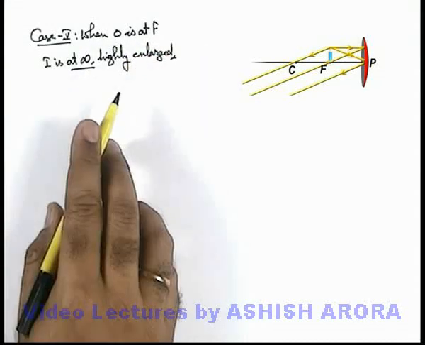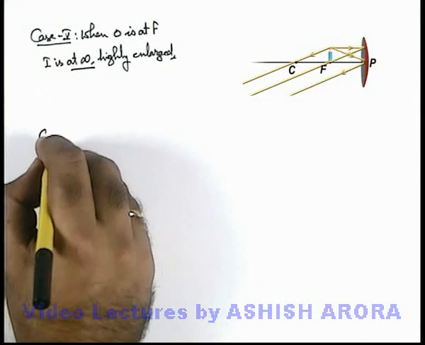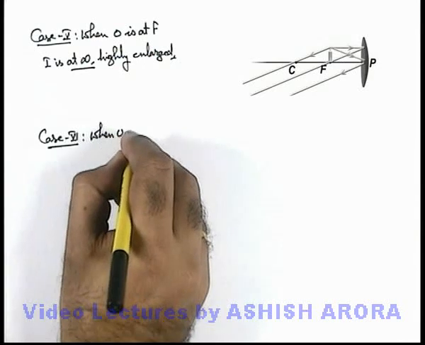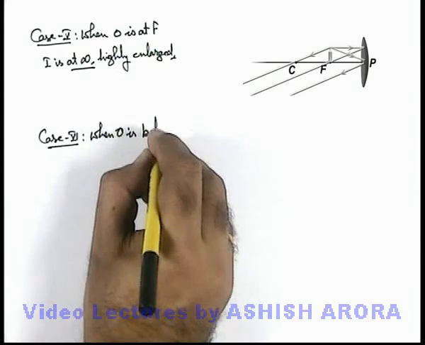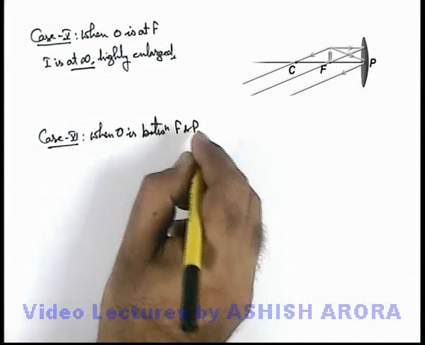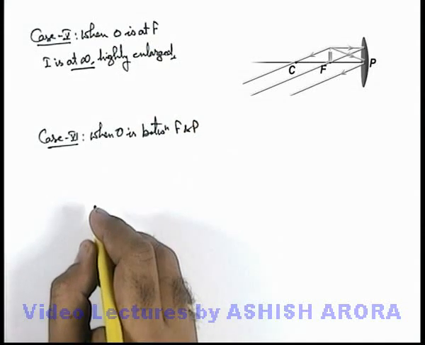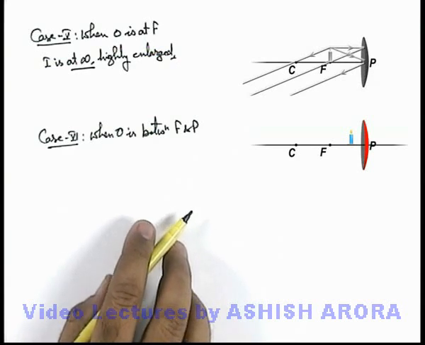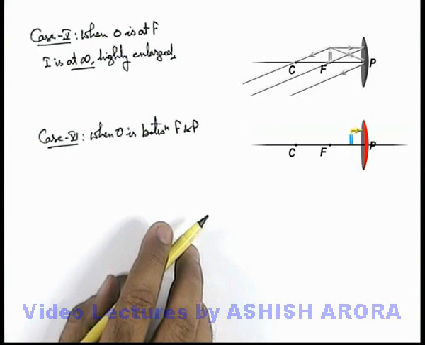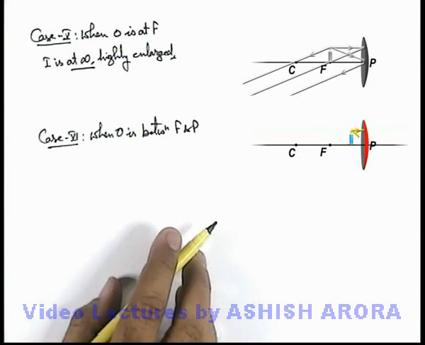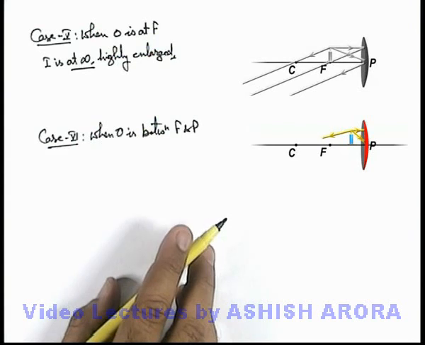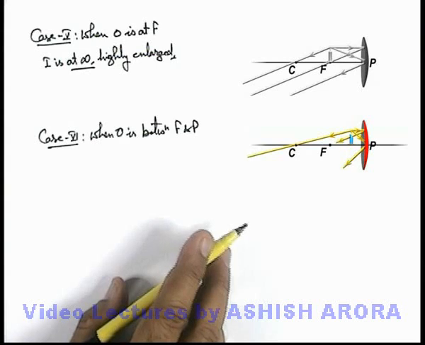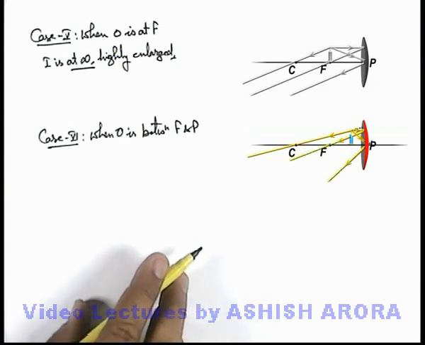About the case when the object is at focus, only these two points are discussed. And if we talk about case 6, the object is between F and P. If the object is between focus and pole, then in this situation, again if we consider two rays, one incident on the mirror parallel to the principal axis and the other incident on the pole, as well as the ray which passes through the center of curvature and retraces its own path, then we can see that the light rays are diverging after reflection.